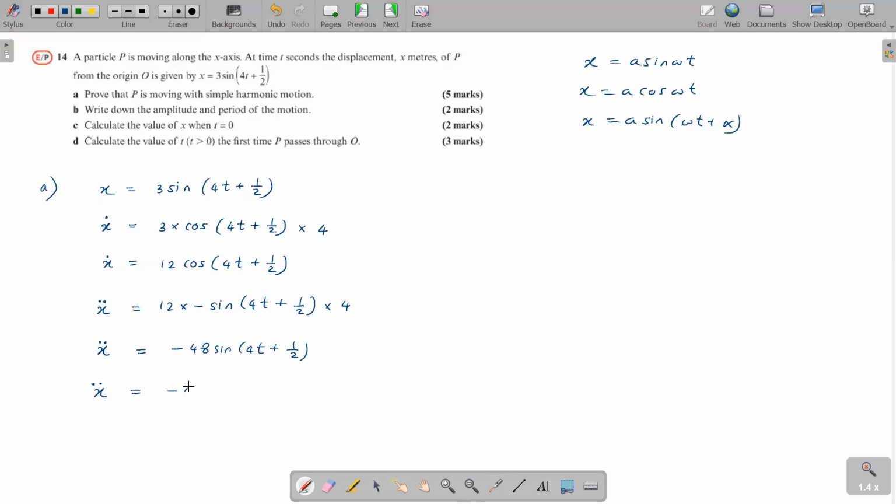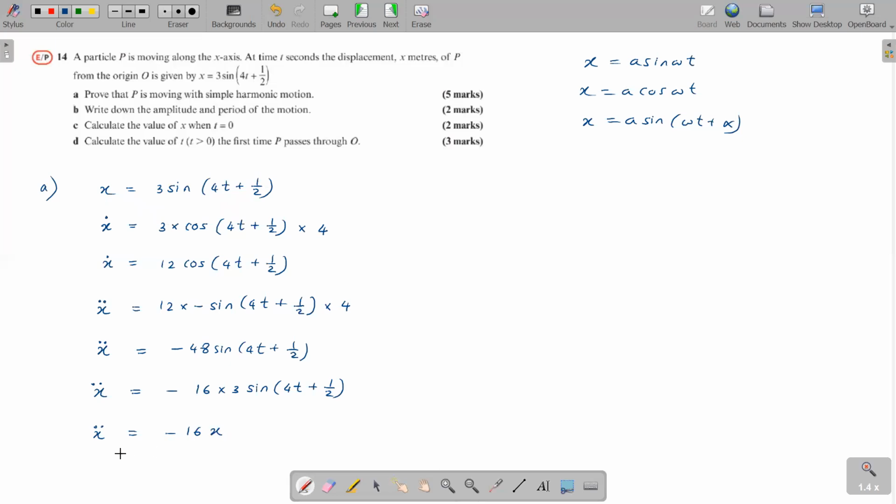I could break the 48 as, when you divide by 3, 16 times 3 is 48, right? So x double dot equals minus 16 times 3 sine (4t plus half), and 3 sine (4t plus half) is x.